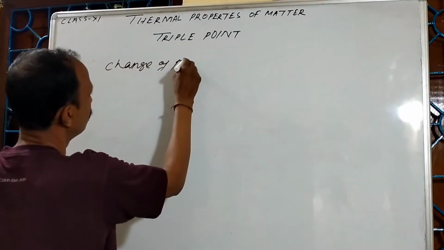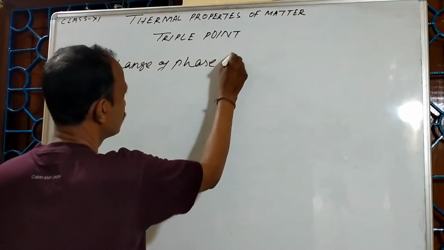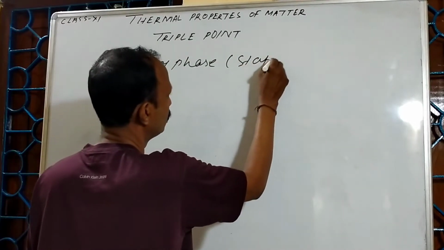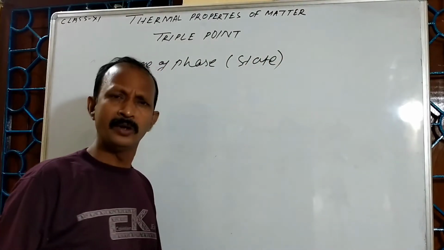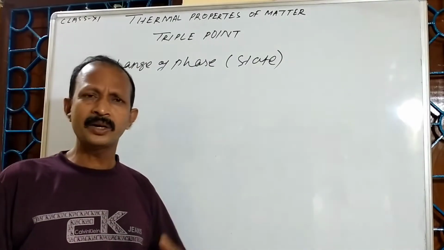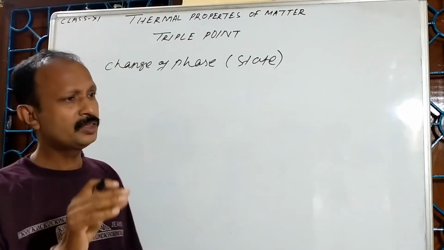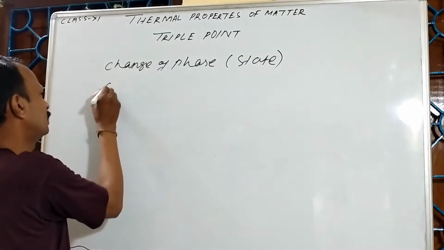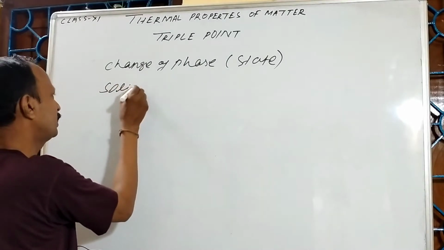Change of phase or state. Normally, a matter can exist in three different states. What are the three different states?